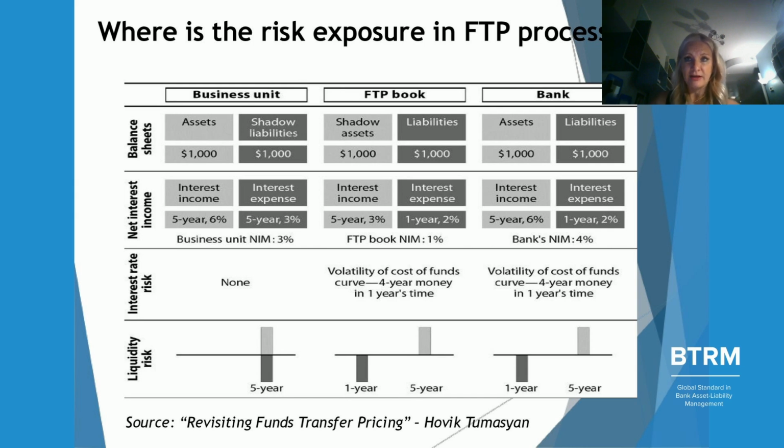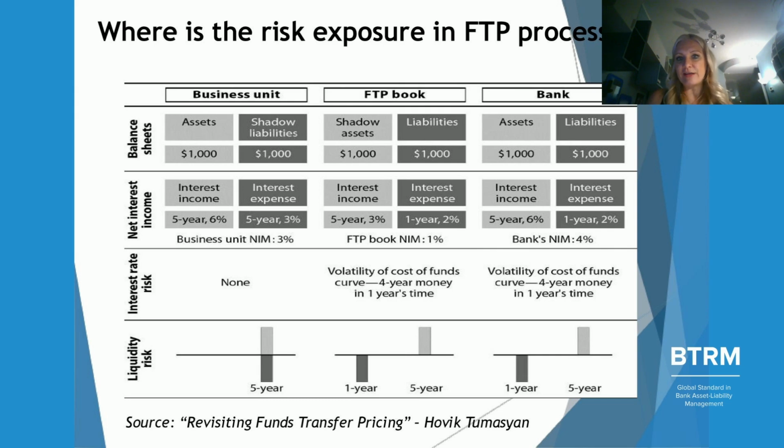In this particular case, we have asset. We have only the profitability of one product on the asset side for this example. And you have this FTP book, which is exactly this ALM book sitting in the middle. When you look at the bank without FTP glasses, you see an asset of 1,000 units funded by a liability of 1,000 units.